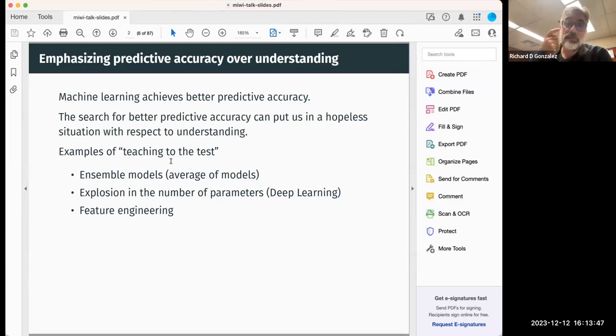Something analogous happens in data science, where if what you care about is prediction, you might be developing models that are analogous to teaching to the test. All they do is predict, and you might do things that look very strange to someone that doesn't come from the data science tradition.